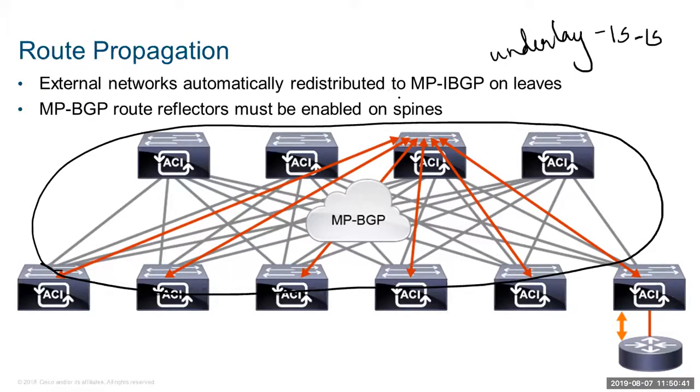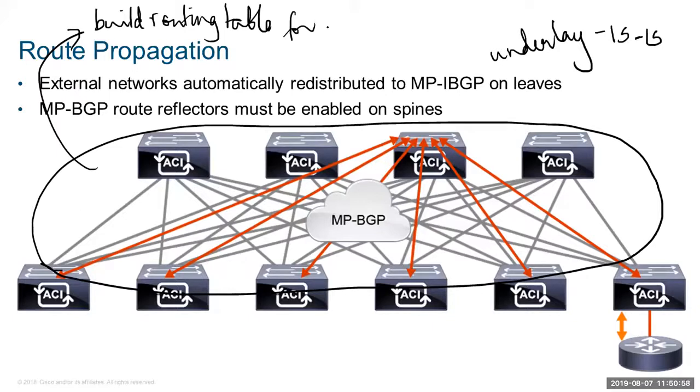What was the purpose of ISIS? Build the routing table, at least the main purpose, and then of course it has additional reasons, like VTEP reachability.